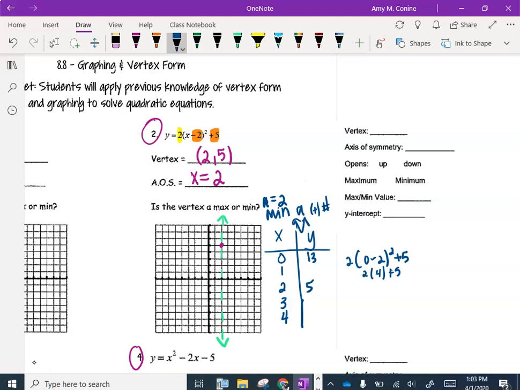So if I plug in 1, 1 minus 2 is negative 1. Whole thing squared is a positive 1. So then I should get 7. So same idea, 3 minus 2 is 1. Whole thing squared is 1. I should get another 7, and then 4 will give me 13.